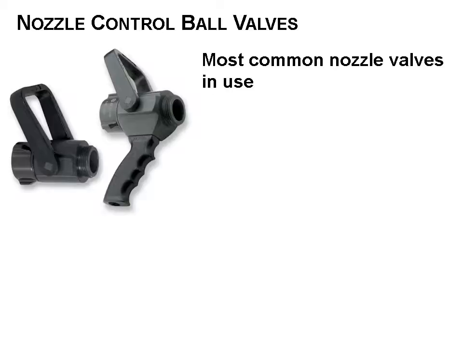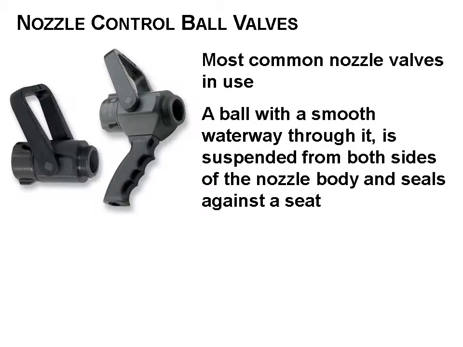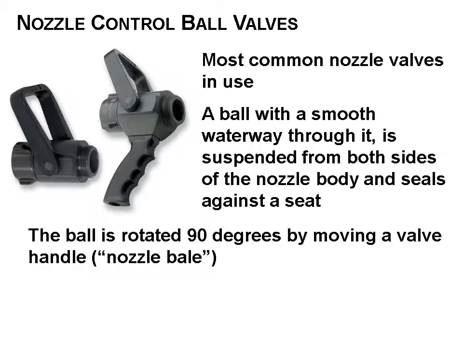Nozzle control valves. This is considered a ball valve. It's the most common one we have in the fire service. It has a smooth waterway through it. The ball is held from both sides of the nozzle body and seals against the seat. The ball is rotated 90 degrees by moving a valve handle or the nozzle bail.